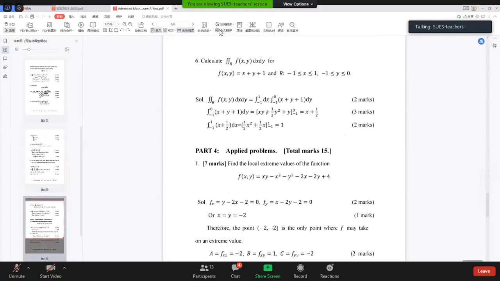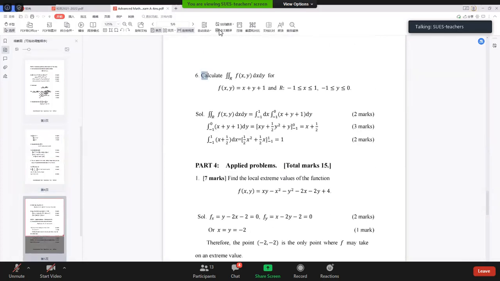And then here will be the next part. This is called integrals. Maybe we'll have a rectangular area integral, and sometimes maybe different types of integrals. It depends on what kind of materials I want to cover.